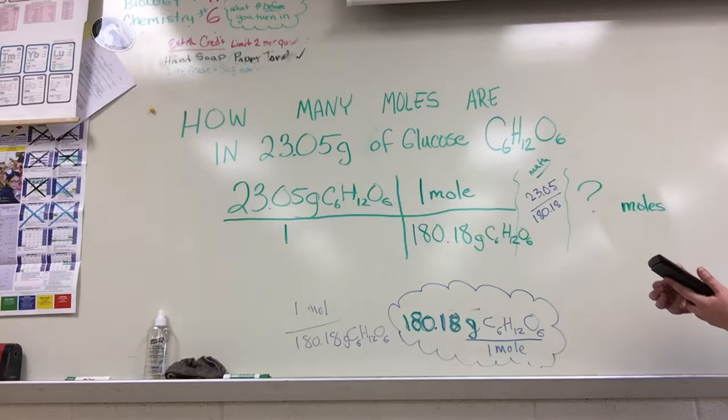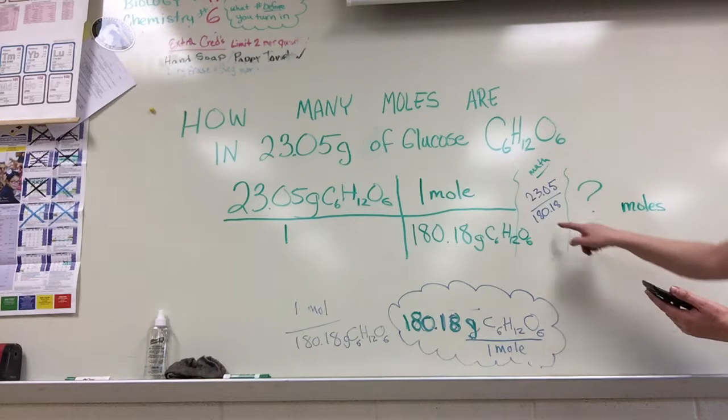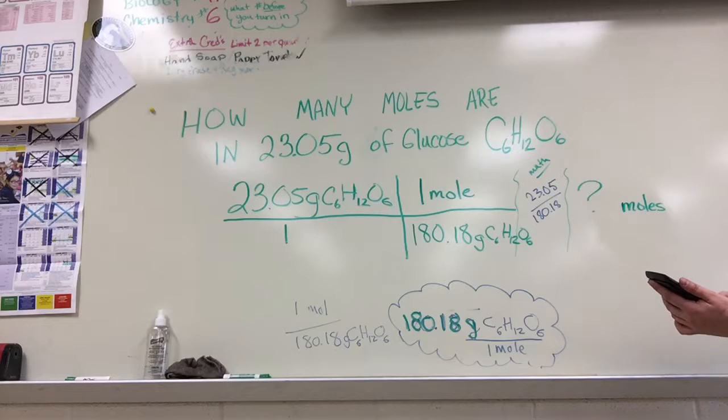So let's find out what that is. 23.05 divided by 180.18. Let's see what I get. I'm going to get a very small number. Does that make sense?